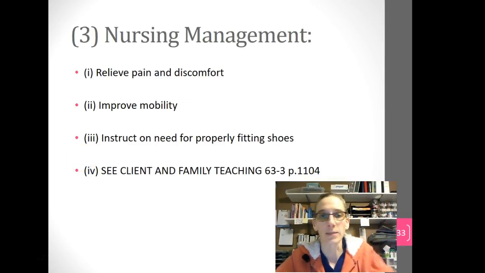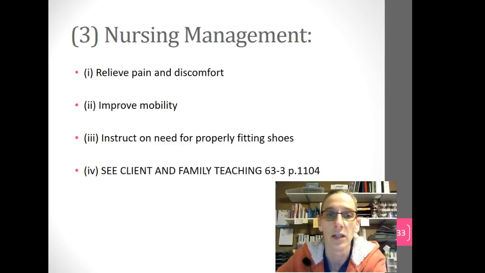All right, nursing management is to relieve the pain and discomfort, improve mobility, instruct on the need for properly fitting shoes. I mean, that's a huge one. Properly fitting shoes. I don't know if you've ever seen pictures of ballerinas or women in China who used to bind their feet so that they were tiny because that was considered to be proper, and they would bind their feet so that the bones would form a certain way.